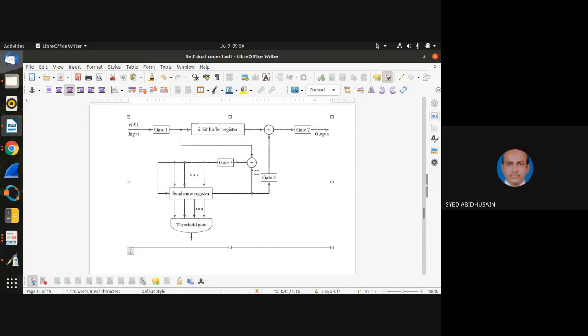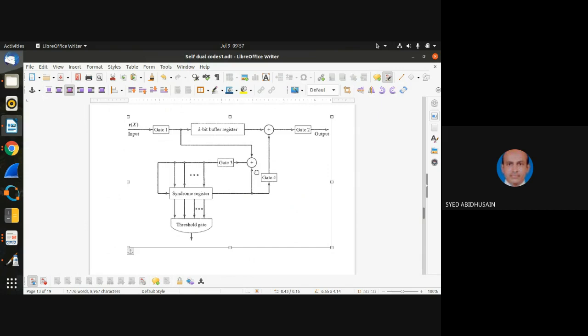The errors are confined to only the last 3 higher order positions, because I have taken the example n as 7 and k as 4. So only three higher order positions, namely the terms x raised to k, that is x raised to 4, then x raised to 5, then x raised to 6. X raised to 4, 5 and 6 will have the errors. This is what we are concluding.